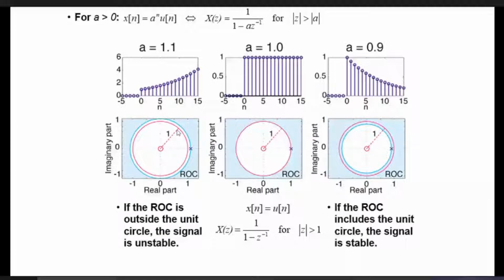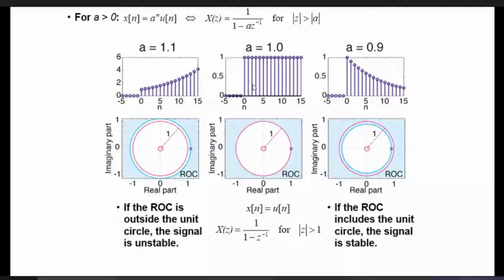Since it is a pink color circle, it is outside the ROC, not within the ROC. The ROC does not include the unit circle in the first case. But in the second case, ROC includes the unit circle.